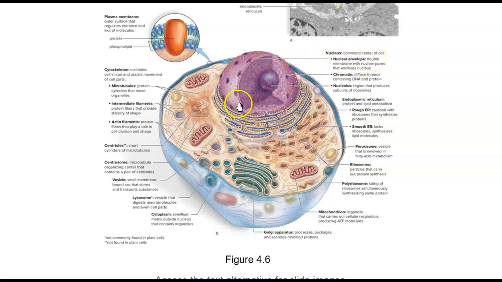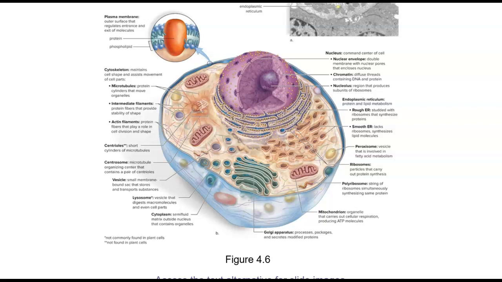It is surrounded by a nuclear envelope. The nuclear envelope has pores. These purple flowery looking things are pores that allow material to leave and enter the nucleus. And then the nucleolus inside the nucleus is the structure that synthesizes ribosomes.